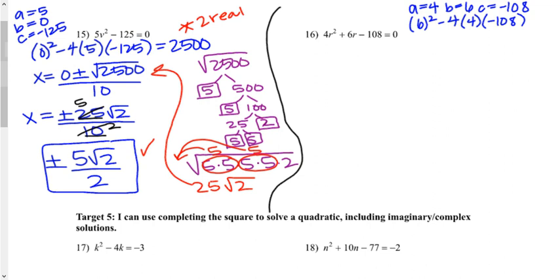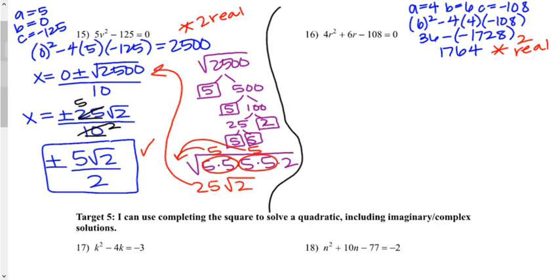So 36 minus 4 times 4 times 108. Oh, goodness. So I have negative 1728. And 36 plus 1728, because I have a double negative there, becomes 1764. Alright, so that is a big discriminant. I have 2 real solutions.